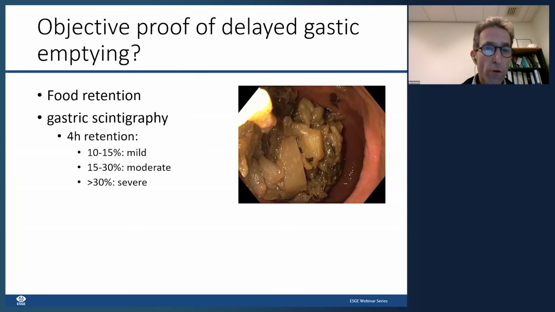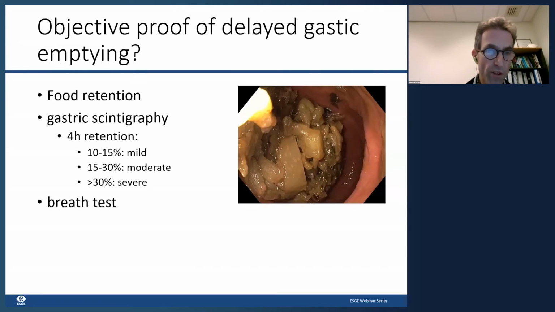Gastric scintigraphy is, I think, the gold standard, and the most reliable item is the percentage of meal retention after 4 hours. And then you can grade the delay in gastric emptying into 3 categories: mild, moderate, and severe, depending on the percentage of the meal retention in the stomach.